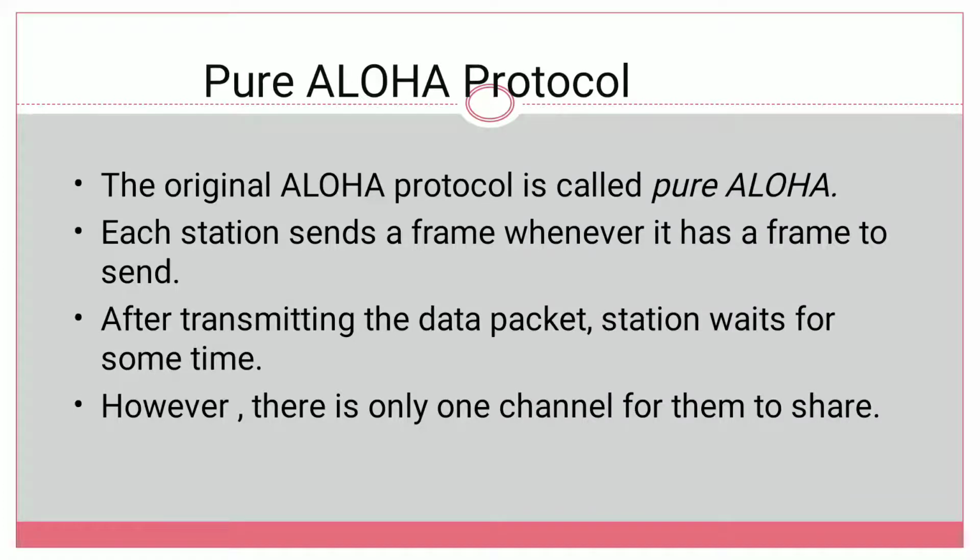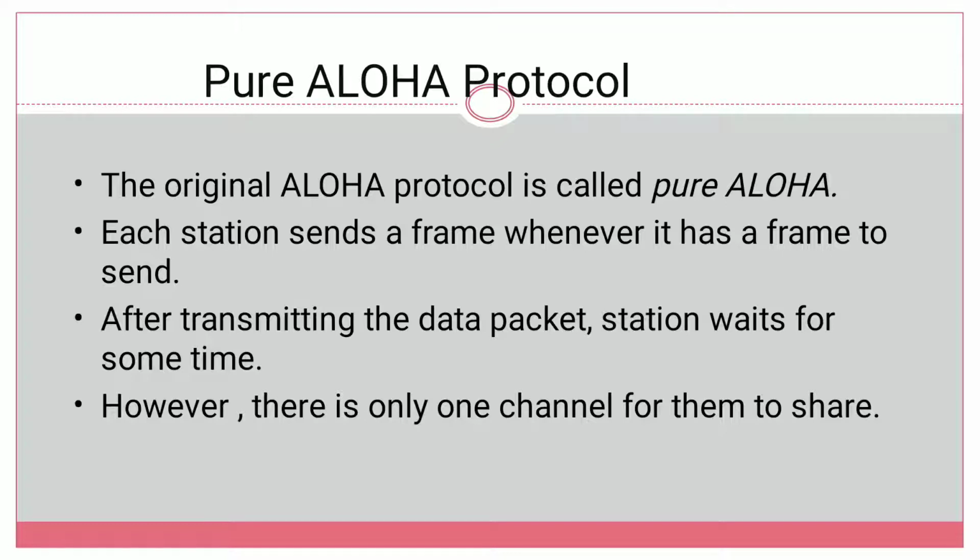Here each station sends a frame whenever it has a frame to send. That means whenever the data is there, without considering the time, it will start sending the frame. After transmitting the data packet, the station waits for some time, a random amount of time, to get the acknowledgement from the receiver.